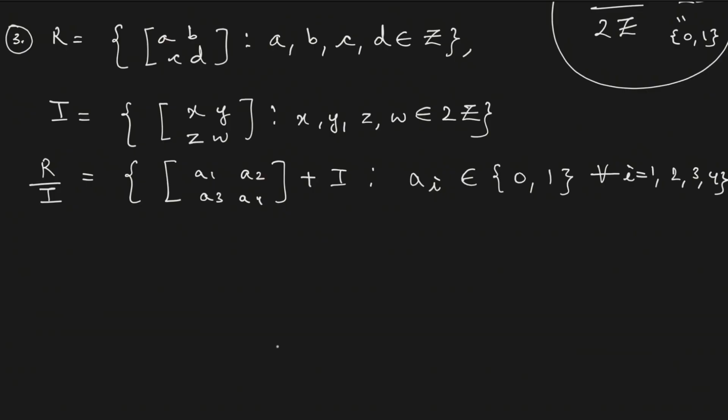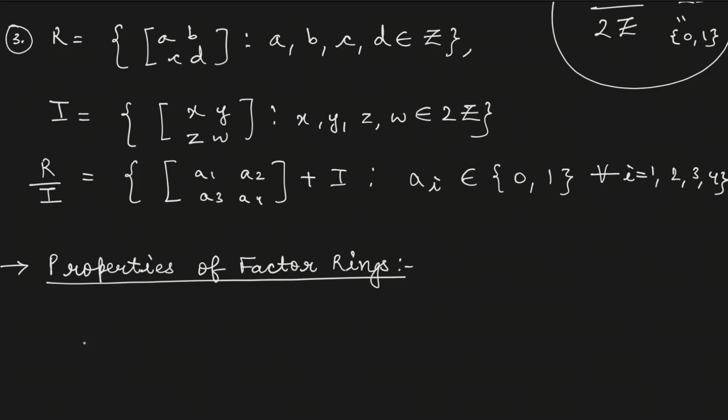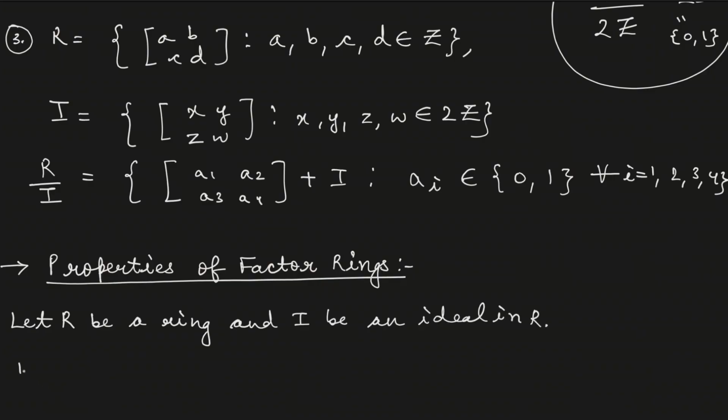Now some properties of factor rings. Let R be a ring and I be an ideal in R. First, if R is commutative, then R/I is commutative.